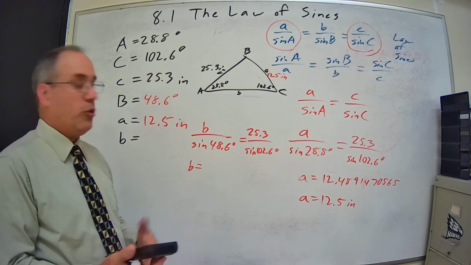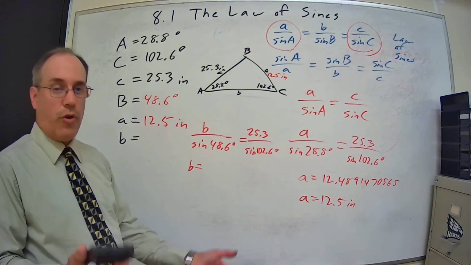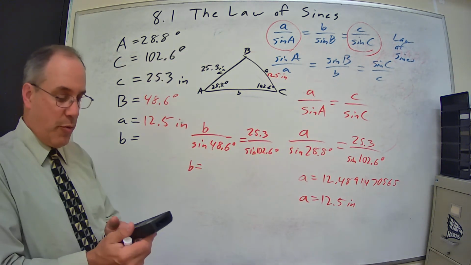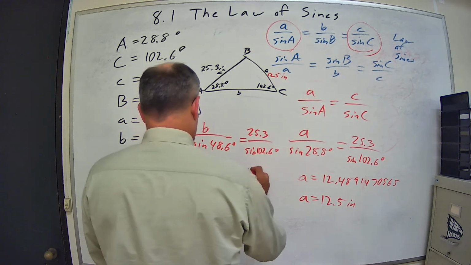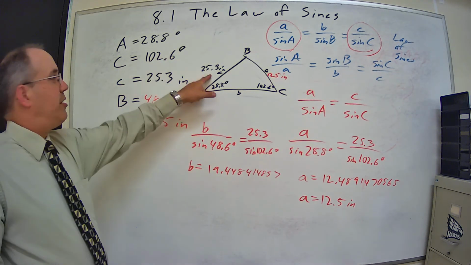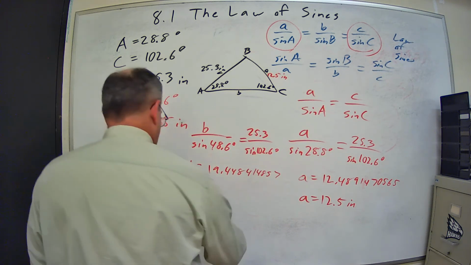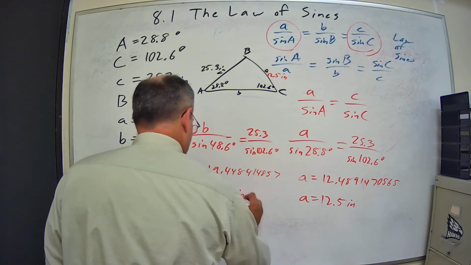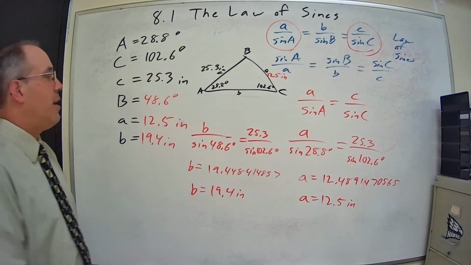And remember, well, you don't have to remember that, but that is still 0.9758024, etc. Because we already did that over here. So when we divide, we get 19.448414857. Again, the original measurement of the side was to the nearest tenth, so we're going to round that to the nearest tenth, and B is equal to 19.4 inches.